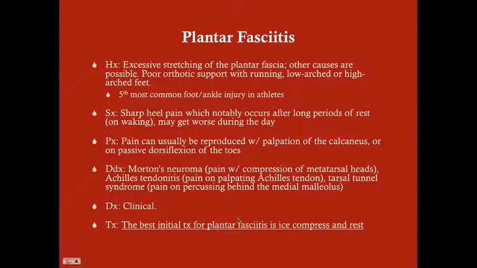But I would think that besides advising the patient that ice compress and rest are the best initial therapy after you've diagnosed them, you may also refer them out to a podiatrist for further therapy that you wouldn't be able to provide. But for the USMLE, treatment is ice compress and rest.